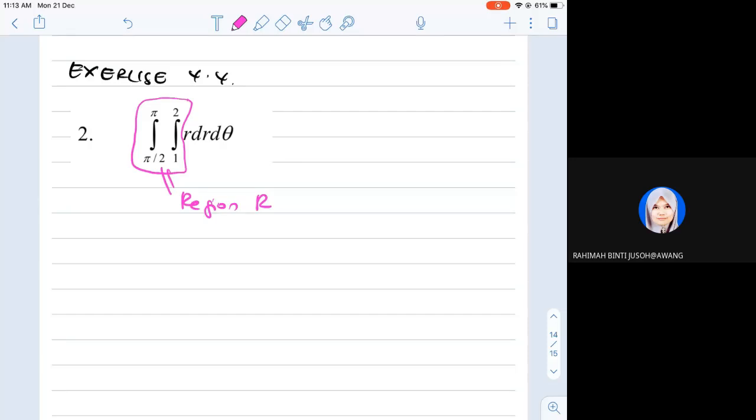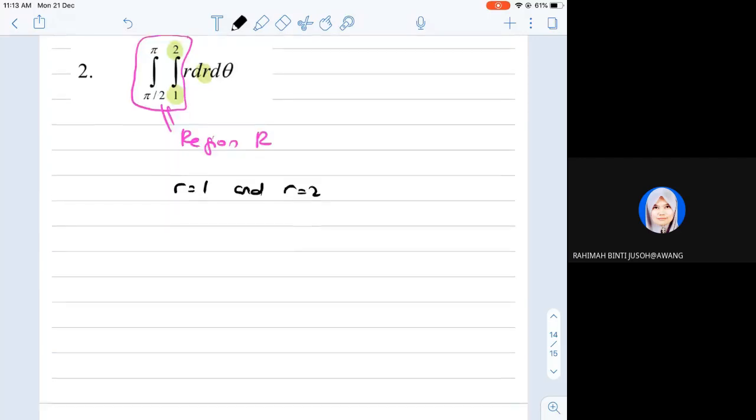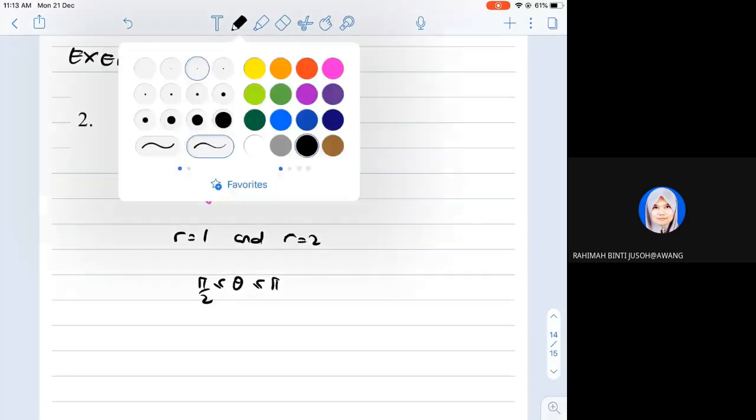So for the limit of r, we have r from 1 to 2. So r equals to 1 and r equals to 2, and theta is from pi over 2 until pi. So let us sketch the region.